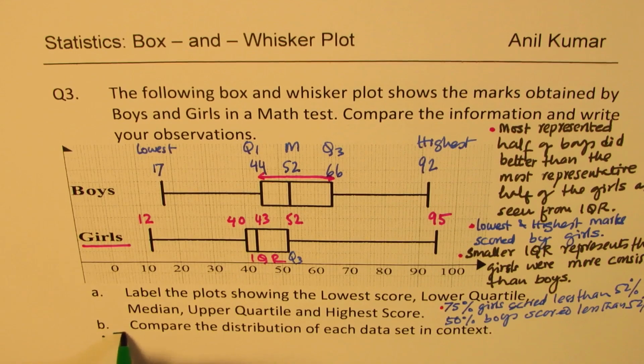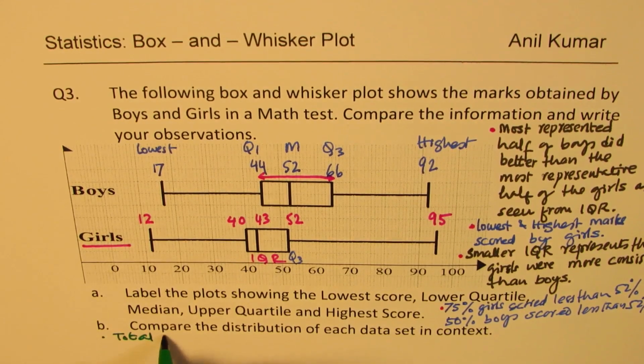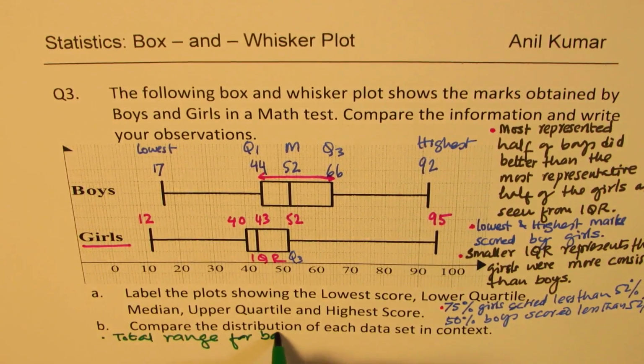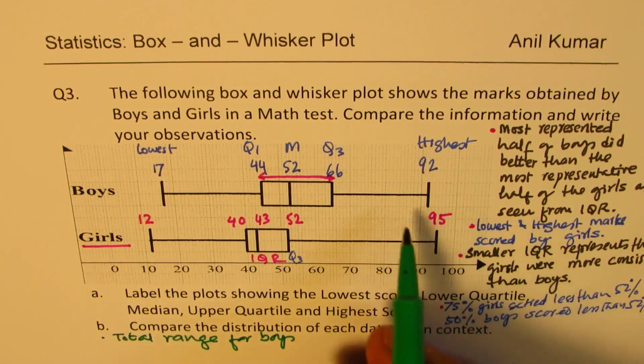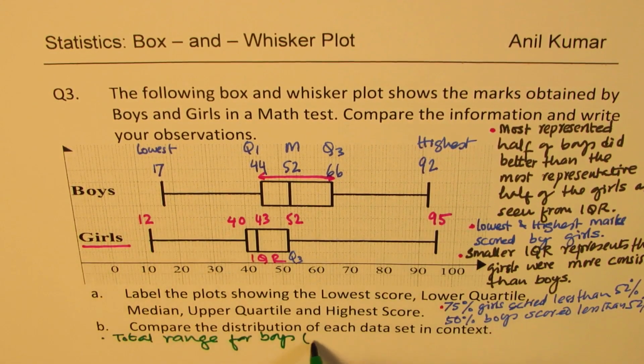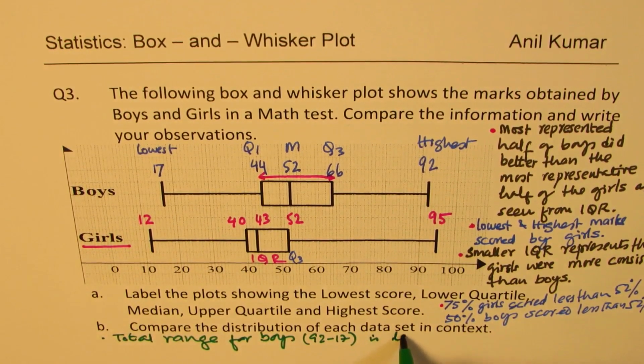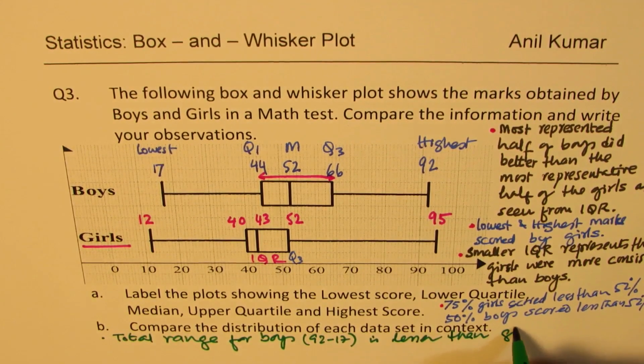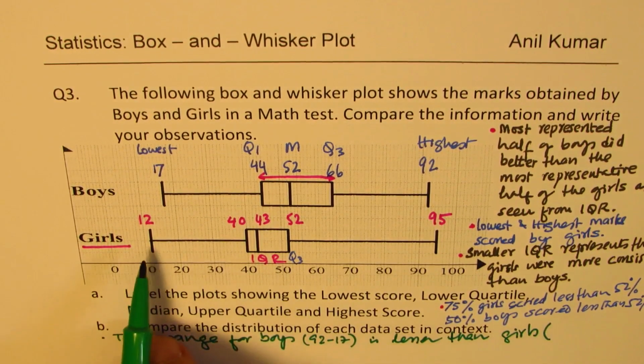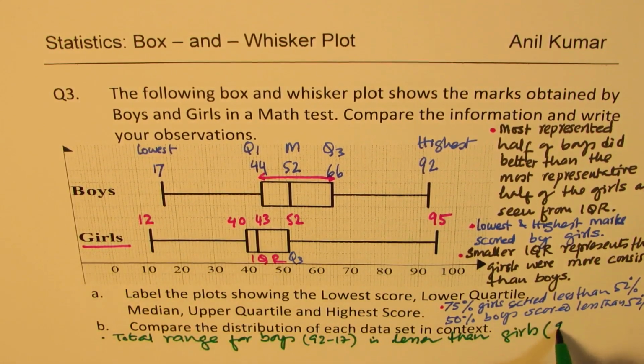We'll write here total range for boys. You can actually calculate the range and then write down 92 minus 17 is lesser than that of girls, right? I'm writing in short 95 minus 12, correct?